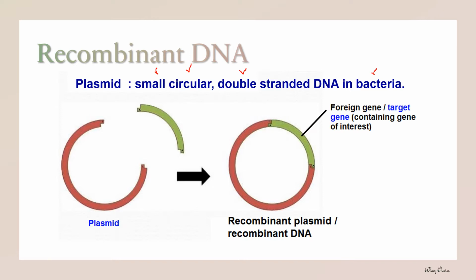But now in this chapter, we notice this plasmid is able to be modified and accept the foreign gene from other species, which is represented by the green color here. And when they are ligated by the DNA ligase, they will become a recombinant DNA.